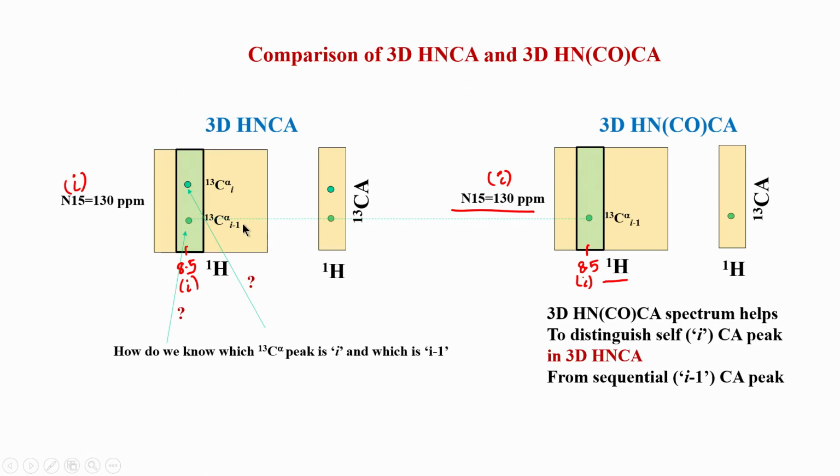So, one has to understand this carefully, that the combination of HNCA and HNCO-Ca helps me to distinguish a self peak from a sequential peak, and this is very useful for us when we go to assignments of proteins in the second half of this course. So, I would suggest to read this carefully, and understand this carefully using the different textbooks that were recommended.